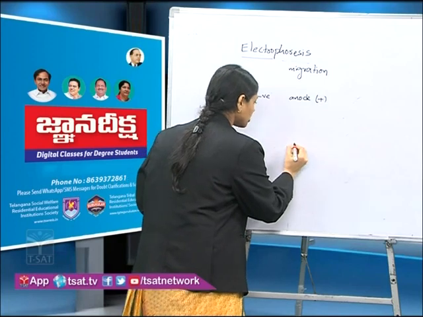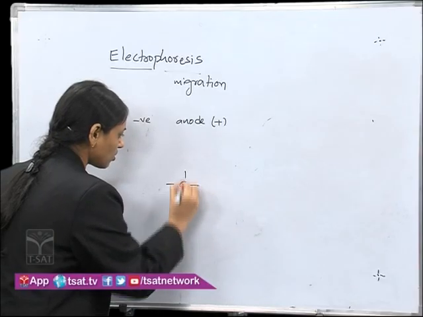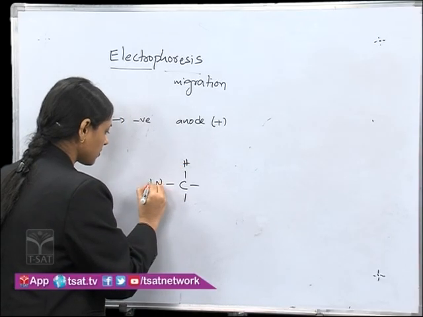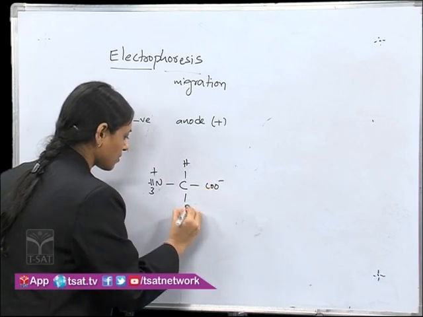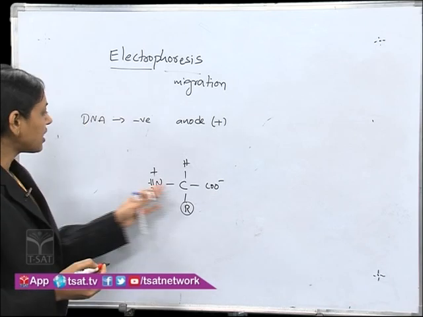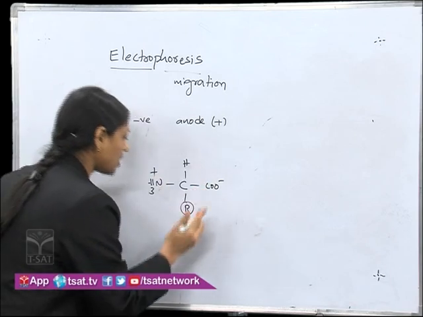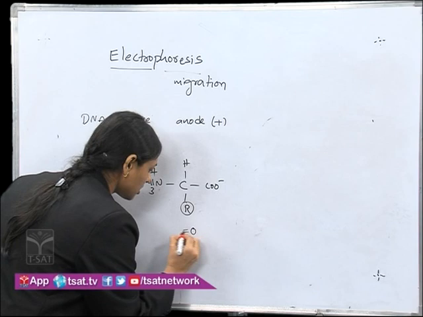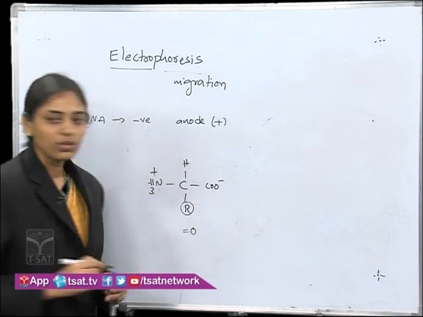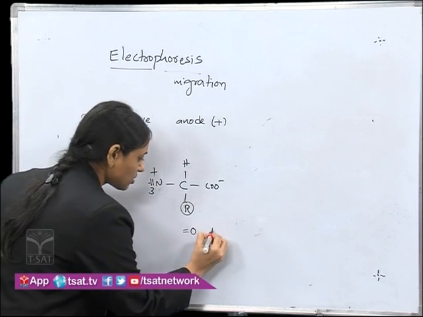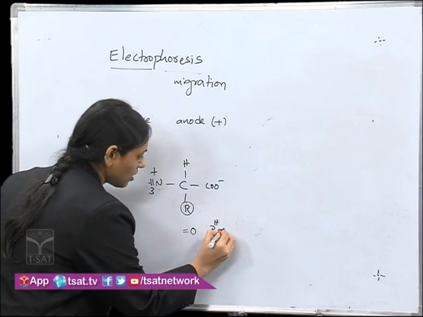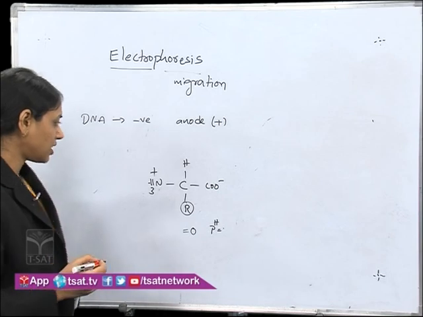Here I am going to take the basic structure of the amino acid. Now, the net charge is 0, as 1 plus and 1 minus cancel each other. This state is called the zwitterionic state, and this pH is the isoelectric point. Okay?